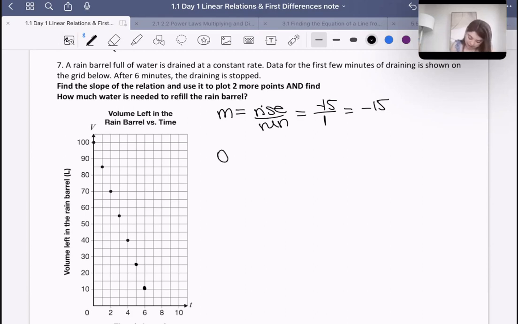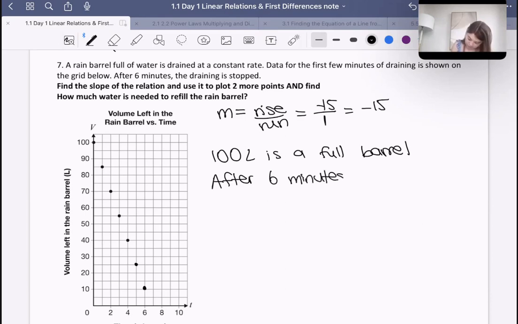So let's say 100 liters is a full barrel, and it looks like we went all the way down to 10, right? And after 6 minutes, there are only 10 liters left, right?